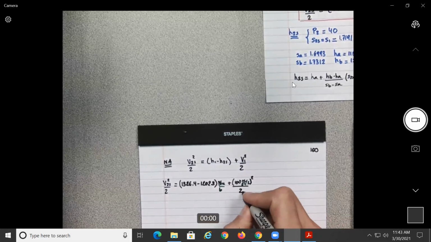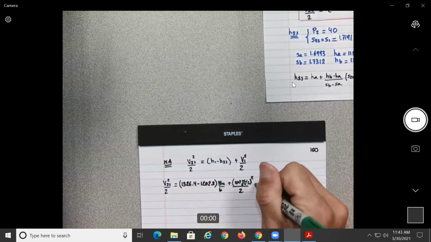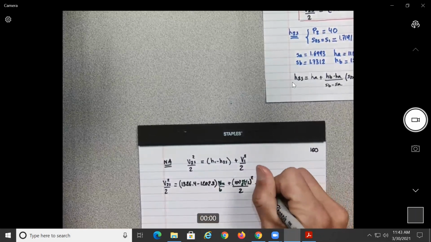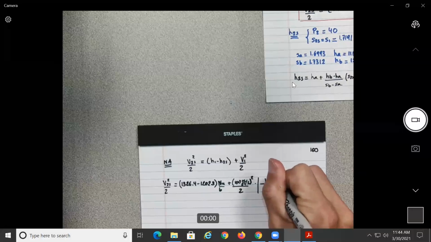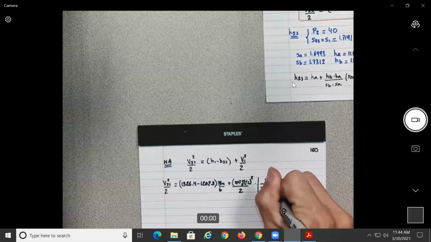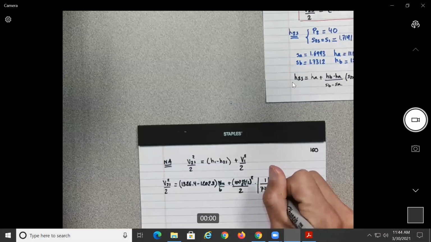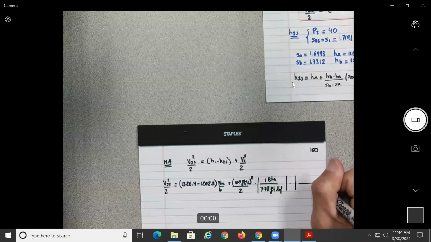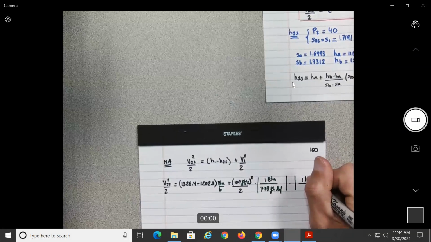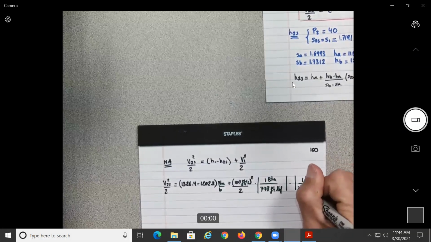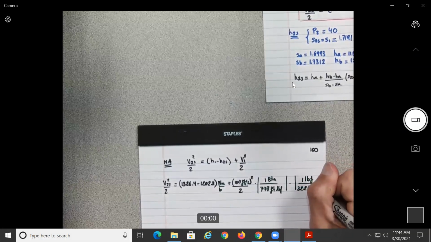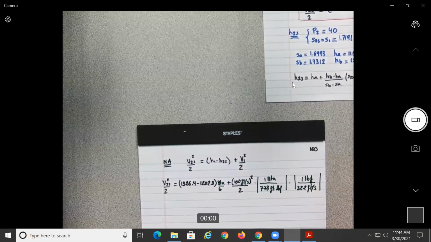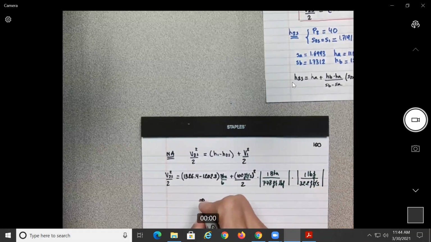squared divided by 2. We need to do the unit transformation, so it will be 1 BTU over 778 foot-pound-force, and then we have that 1 pound-force is equal to 32.2 feet per second squared, and this is going to give us V2S squared over 2.